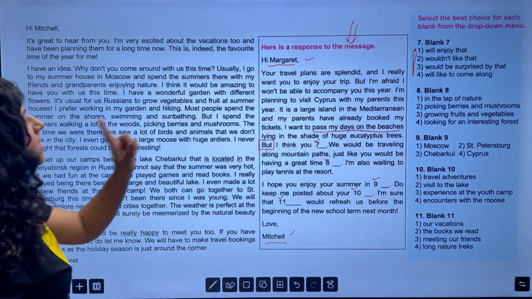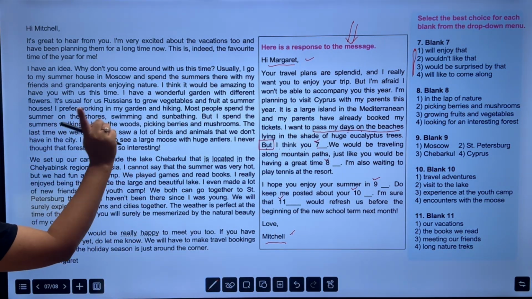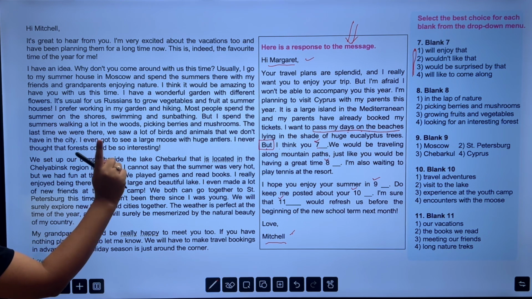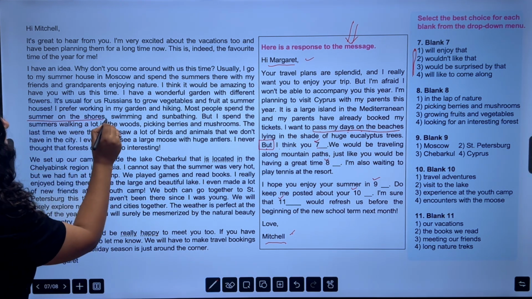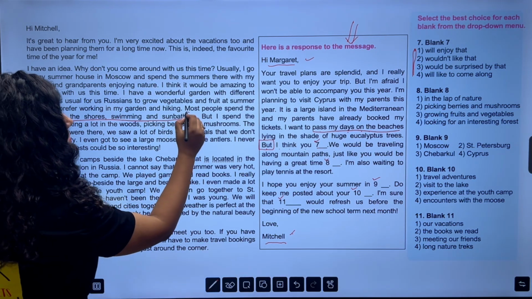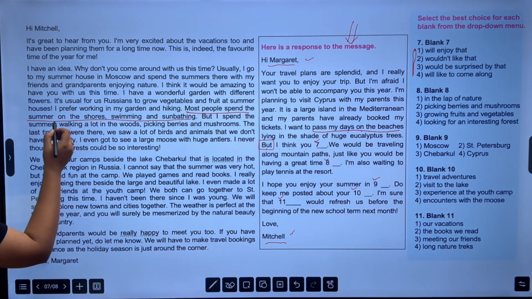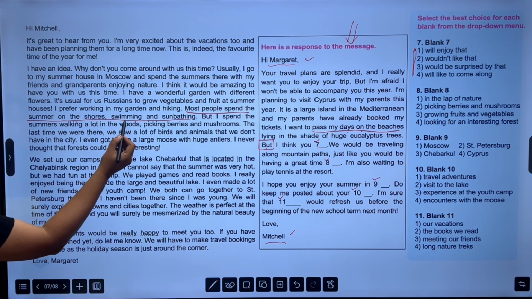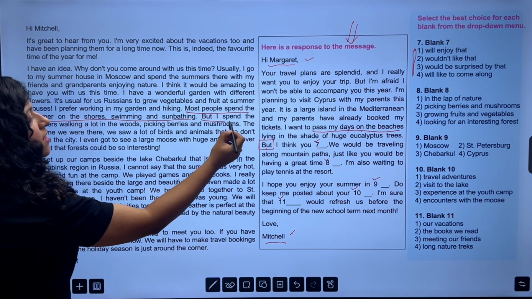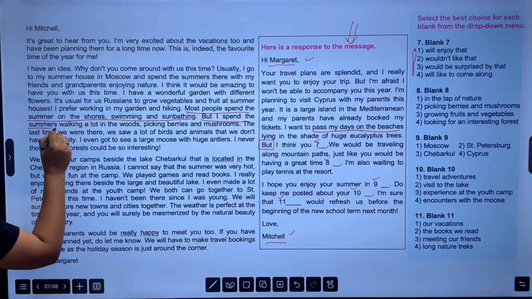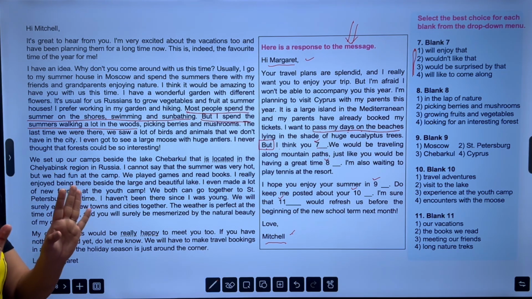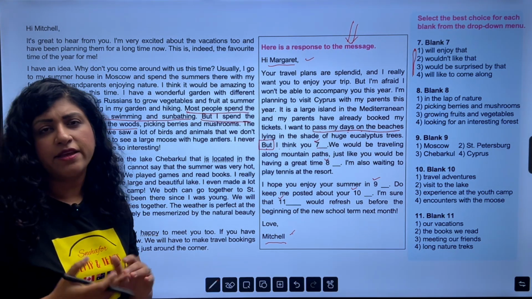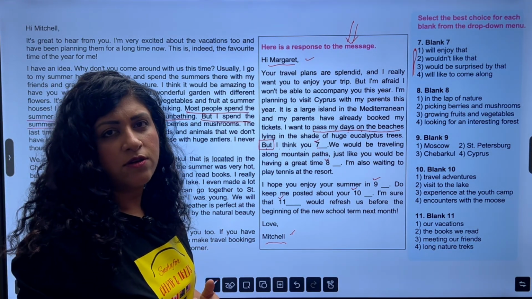Now, if you remember the text, Margaret mentioned something about swimming, sunbathing on the shores over here. That most people spend their summer on the shores, swimming and sunbathing, but I spend the summers walking a lot in the woods. That means Margaret does not like the idea of spending summer on the beach.